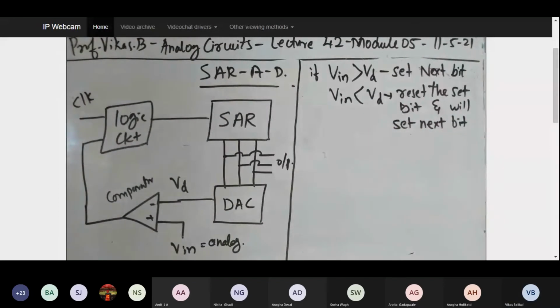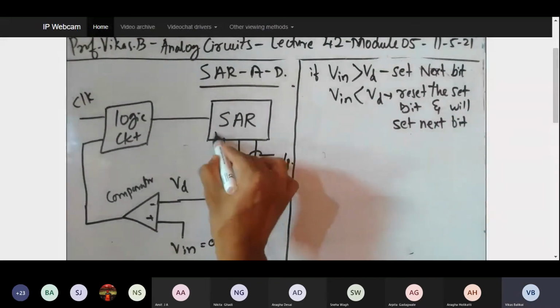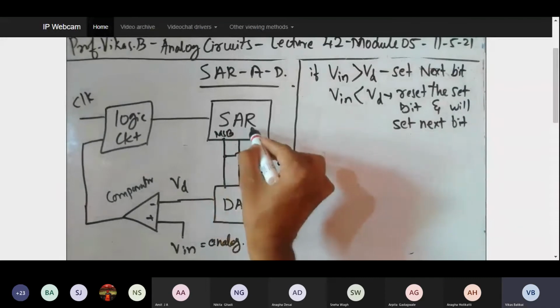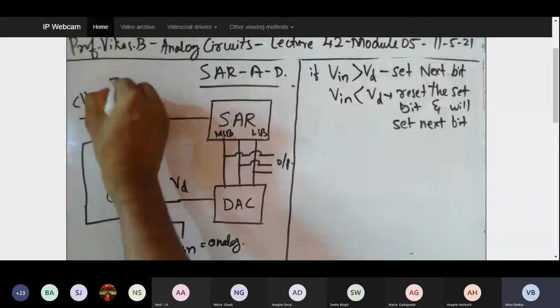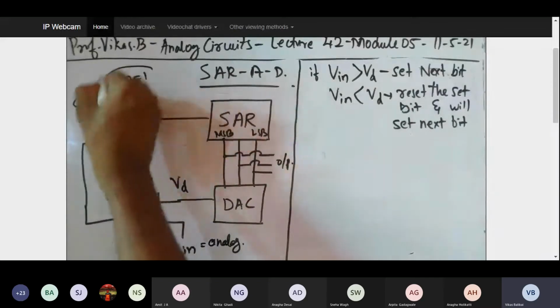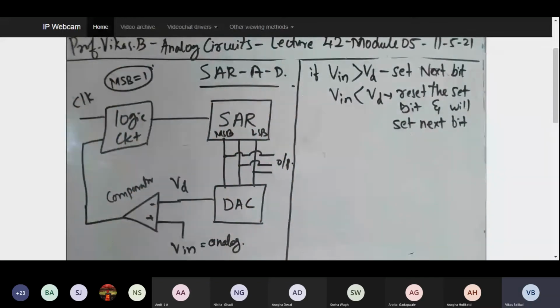Fine. Now this is your MSB of the SAR, and this is your LSB. So when we start the operation, MSB will be 1. Initially when we start the operation, MSB will be 1.